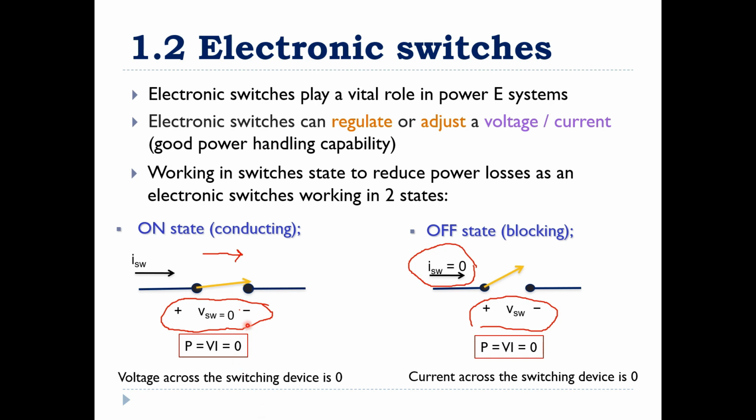Why 0? In the on state, the voltage drop is 0, so V is 0, so power is 0. In the off state, I is 0, so again P equals 0. So for both cases, the power losses are ideally 0.